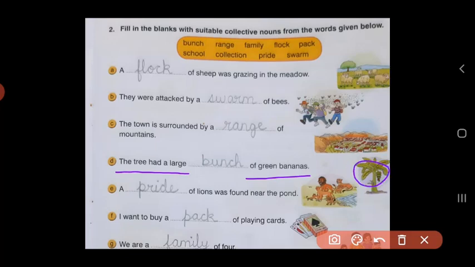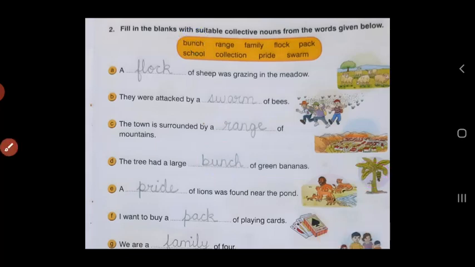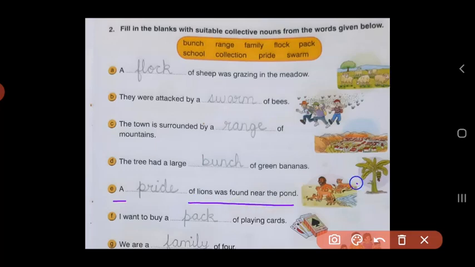So when bananas are together, we call it a bunch of bananas. E. A dash of lions was found near the pond. This is a full family of lions. So when they are all together, we call them a pride of lions.